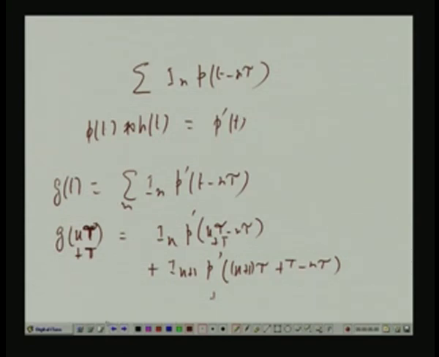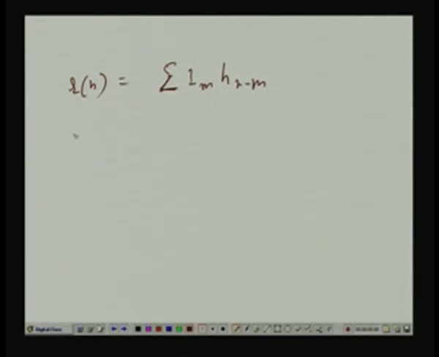Okay, that means you get a discrete time model. If you sample it, what do you get? The received sequence, say r_n, is nothing but a convolution, that is, sum over m of I_m h_{n minus m}.